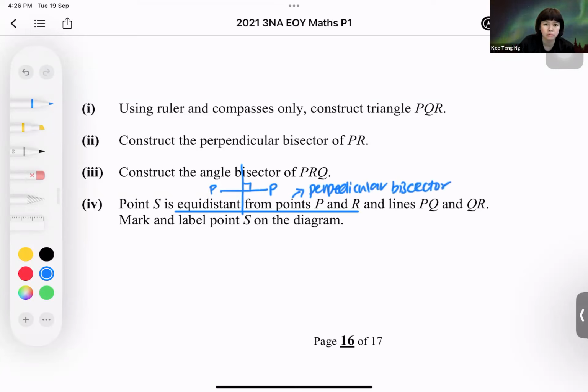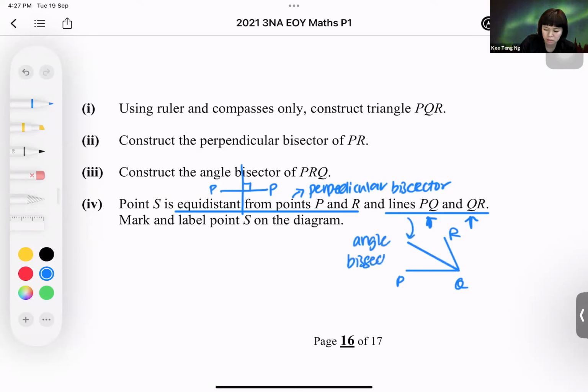of P and R. Next one, I'm walking equidistant between PQ and QR. Q is the common point. So maybe let's say I have PQ and then a QR. I have to walk in between these two lines. So actually I'm looking at the angle bisector.